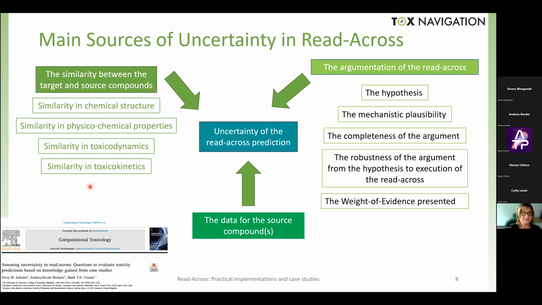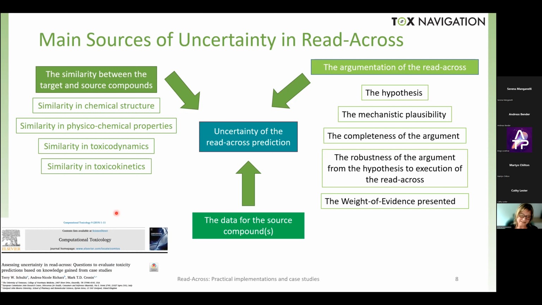Do you have additional data to support your mechanistic hypothesis? You can reduce the uncertainty this way. In the publication, you also find some examples on how you can describe and assess all these different elements.